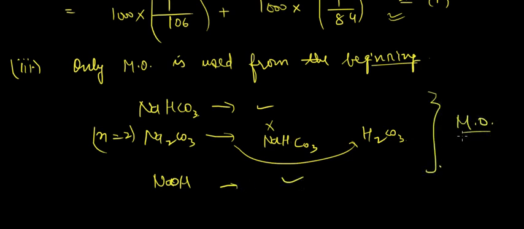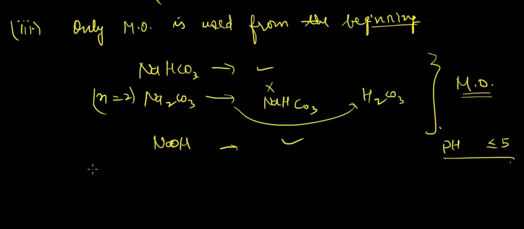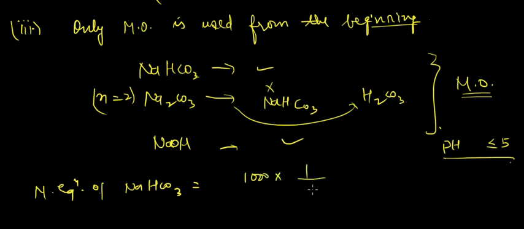So the n factor here would be 2, and NaOH would also be reacting with methyl orange in acidic conditions, which is below pH 5. Okay, so in this case only methyl orange is used, hence we can write that the milliequivalents of NaHCO3 would be n factor into millimoles. The n factor is 1, millimoles would be 1000 multiplied by 1 upon 84.